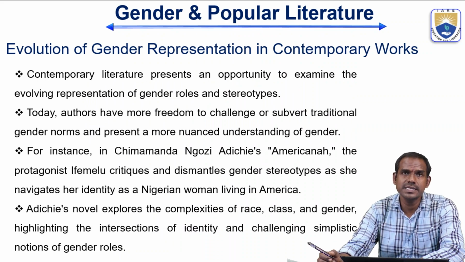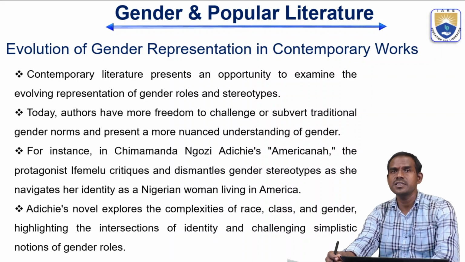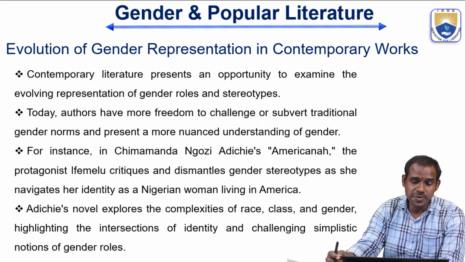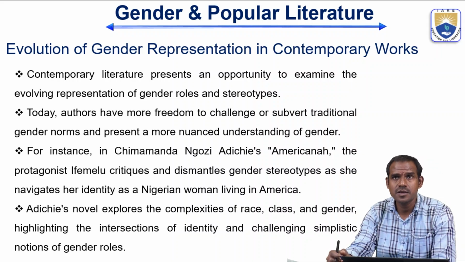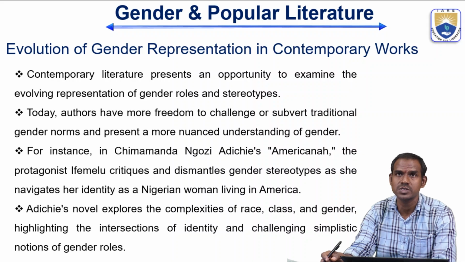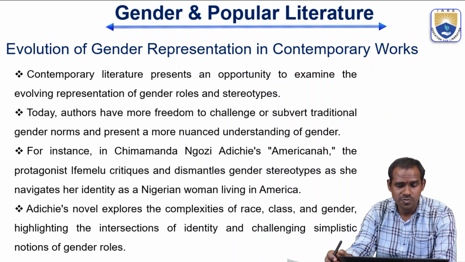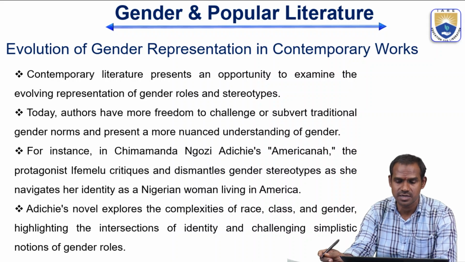And the next content is evolution of gender representation in contemporary works. Contemporary literature presents an opportunity to examine the evolving representation of gender roles and stereotypes. Okay. Today, authors have more freedom to challenge or subvert traditional gender norms.